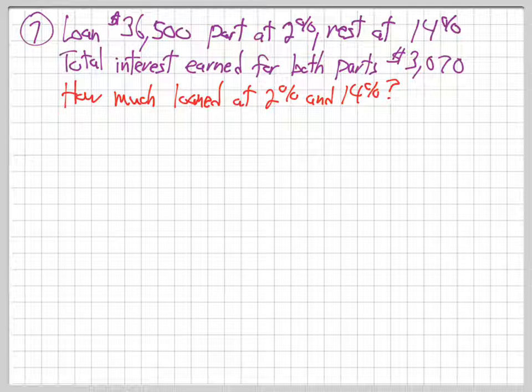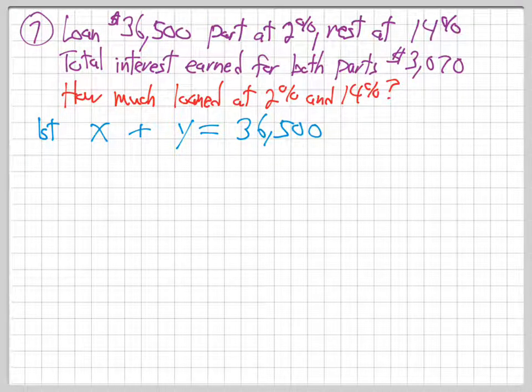This is a money problem, and the way you set up these money problems is you have two equations. The first equation is going to be with the percentages. Oh, I'm sorry, the first one is not going to be the percentages. It's just that x is the amount in the first part, y is the amount in the second, and they have to add up to be $36,500, right?